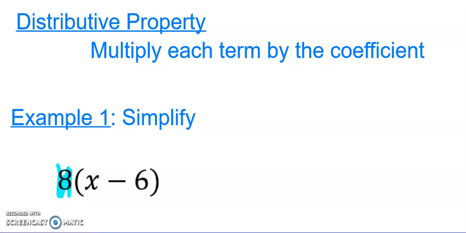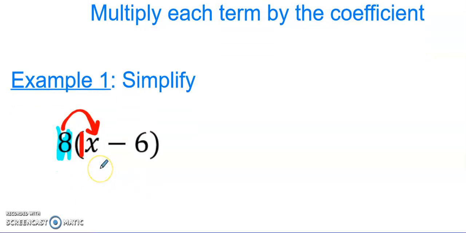So we're going to do 8 times x. Now, x is just x by itself, but remember, we could always put a 1 in front of x if there's no number there. So what is 8 times 1x? Well, that gives us 8x.